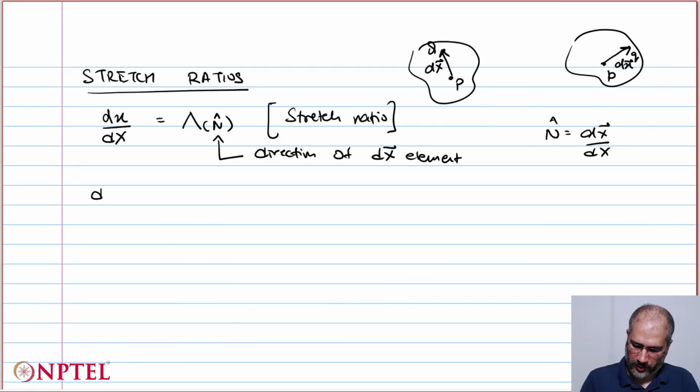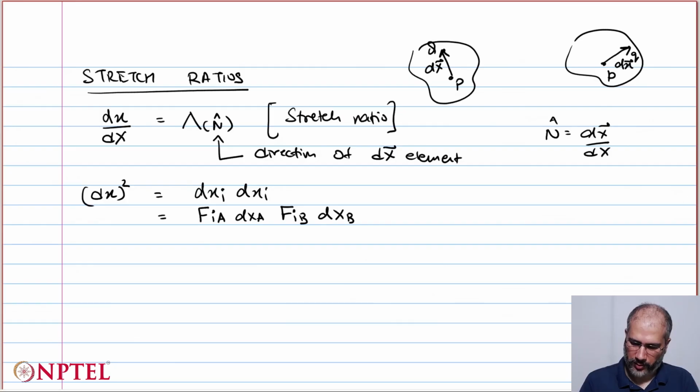So let's start using it. d small x squared is basically the dot product of the dx vector with itself, and this can be written as F_iA d capital X_A times F_iB d capital X_B, which if I move around the terms, this becomes d capital X_A times the Ai term of F transpose times F_iB times d capital X_B.